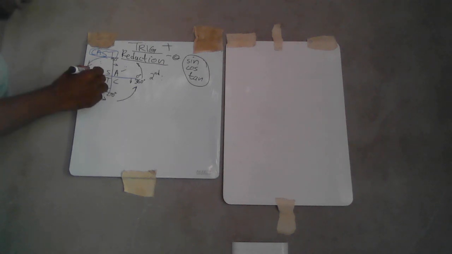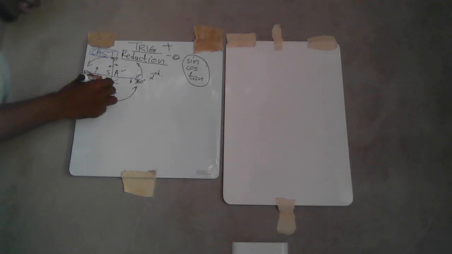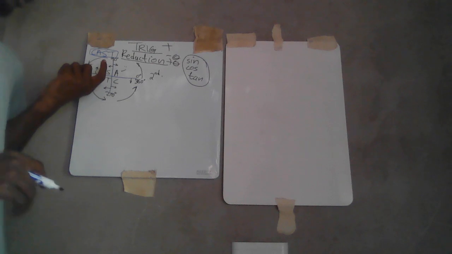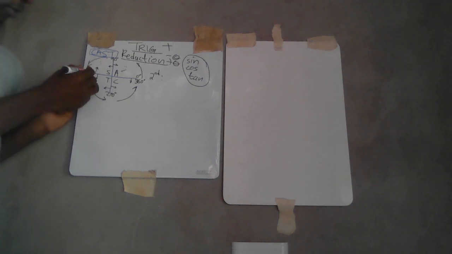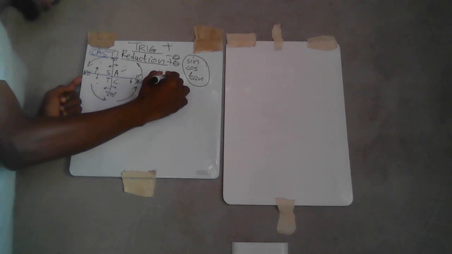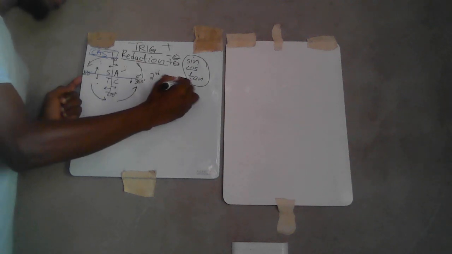When we move from this line anti-clockwise, we get positive, so we'll be adding our angle theta. Second quadrant will be moving from the 180 line going up, so it's 180 minus theta.